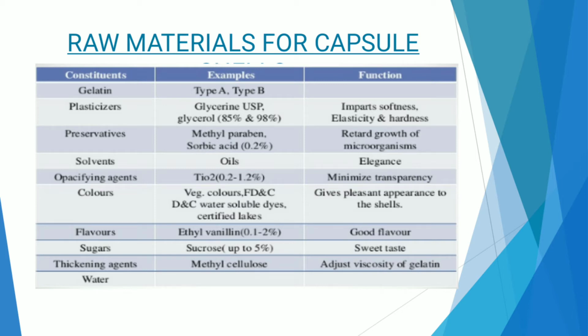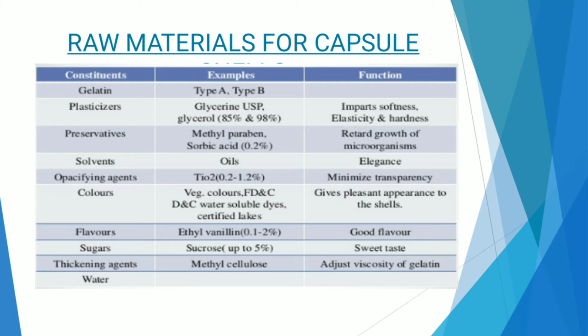Then colors like vegetable colors or FD&C approved colors, D&C water soluble dyes. Certified lakes can be used, and their function is to impart a pleasant appearance to the shell. Flavors can also be included, like ethyl vanillin in 0.1 to 2% concentration, in order to give a good flavor.